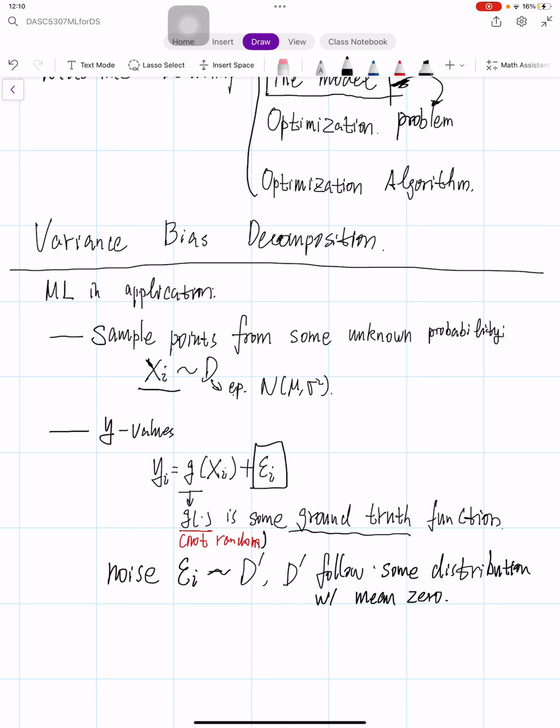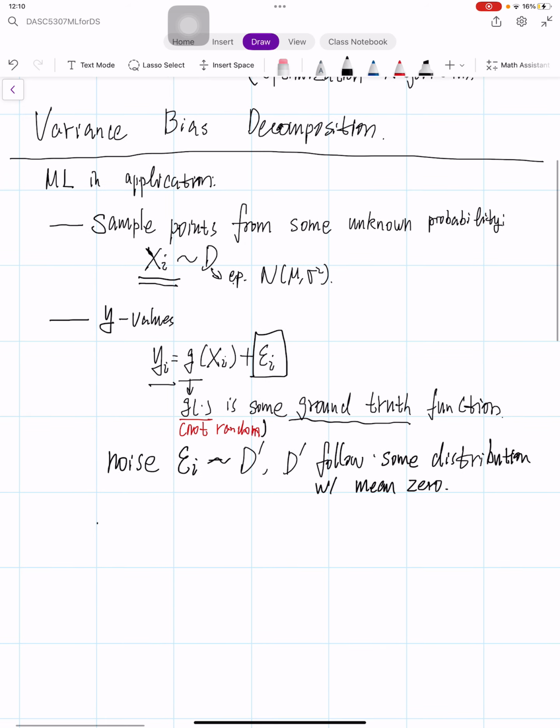Note that the noise is independent of x, because when we have the xi, the sample points, and then try to observe y, it is common to assume that epsilon i and xi are independent. That's quite a reasonable assumption.